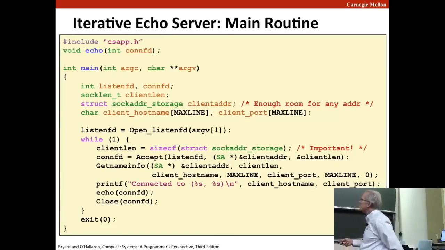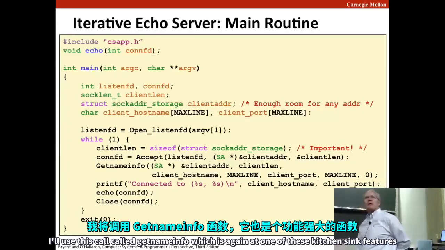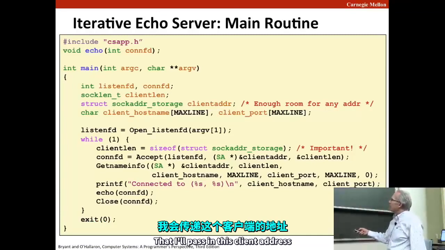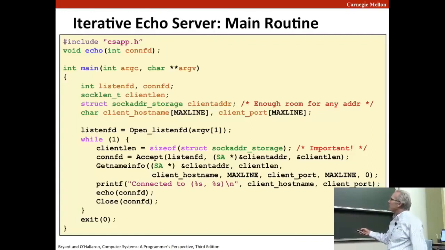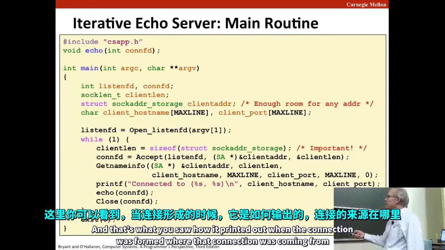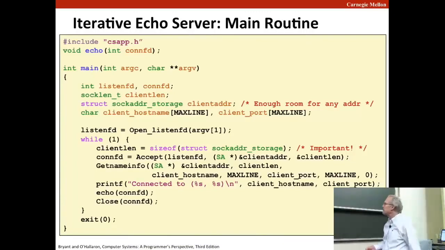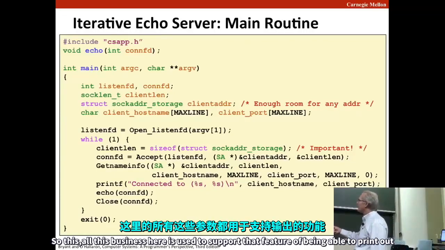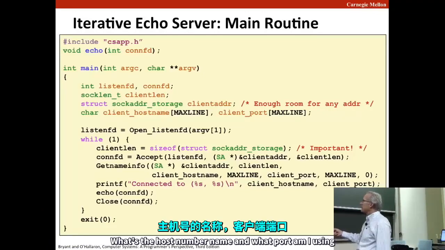And I'll use this call called getnameinfo, which is, again, one of these kitchen sink features that I'll pass in this client address. And it will come back with the domain name of the client. And that's what you saw how it printed out when the connection was formed, where that connection was coming from. So all this business here is used to support that feature of being able to print out what's the host name and what port am I using.